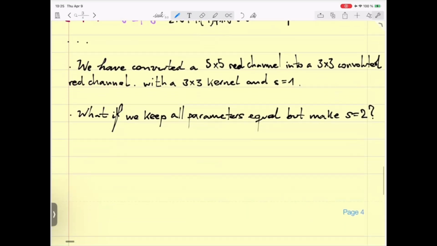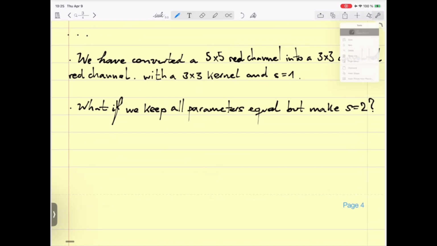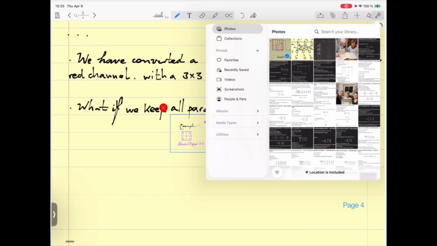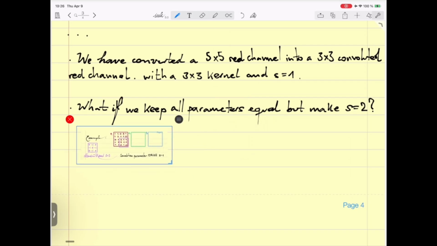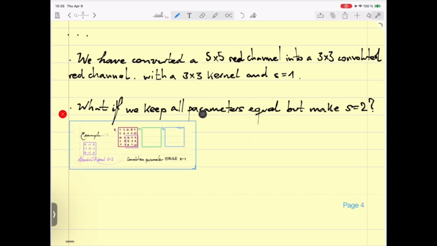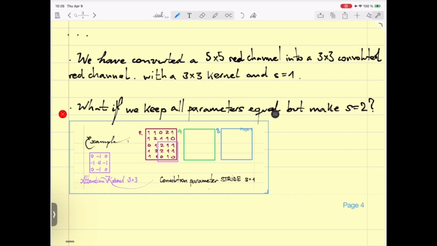Let me copy paste it to avoid writing it again. So this is our same problem, but now here our stride is 2.